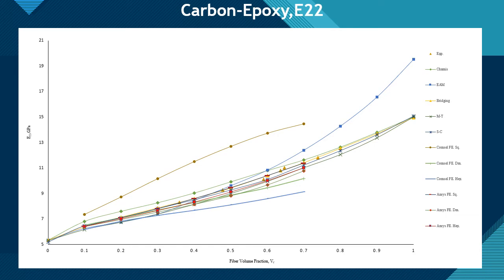And for other finite element methods like COMSOL, as you can see, it is predicting pretty high results for the square shaped RVE. So we can conclude ANSYS is predicting pretty good results compared with the experiments.